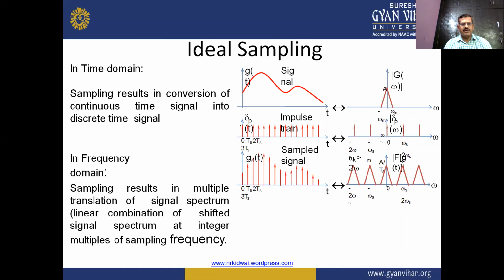And in the frequency domain, sampling results in multiple translations of the signal spectrum, a linear combination of shifted signal spectra at integer multiples of the sampling frequency. We can also see these in the different waveform diagrams drawn on this slide.